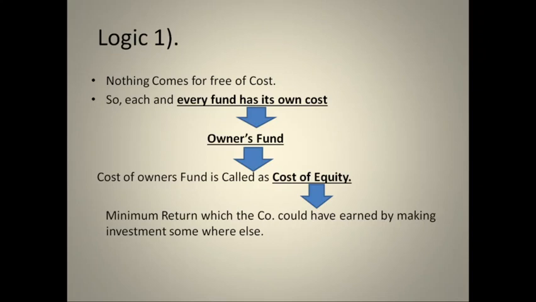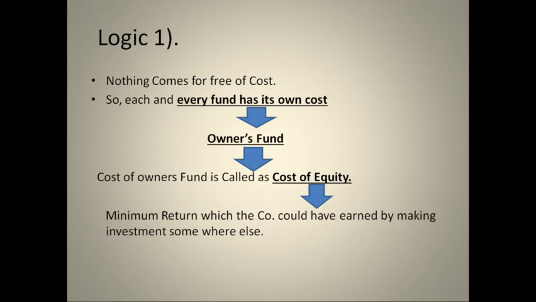So they earned 2% more than this company. So the cost for them is 2% because they are losing a chance to earn an extra 2%. Why? Because they didn't invest in project B, they invested in project A. So that is the cost of equity for a company, which is the minimum return that the company could have earned by making an investment somewhere else.